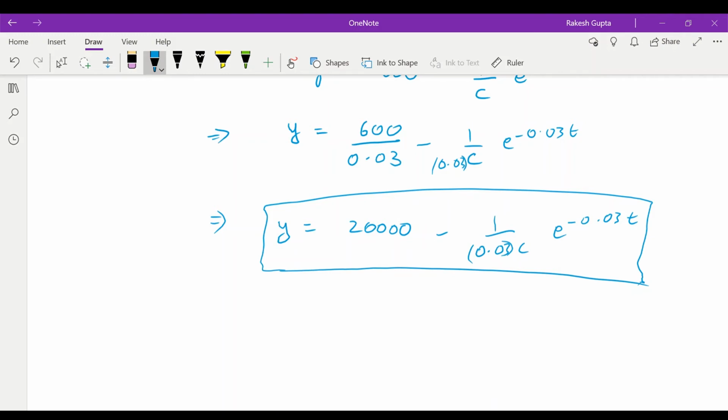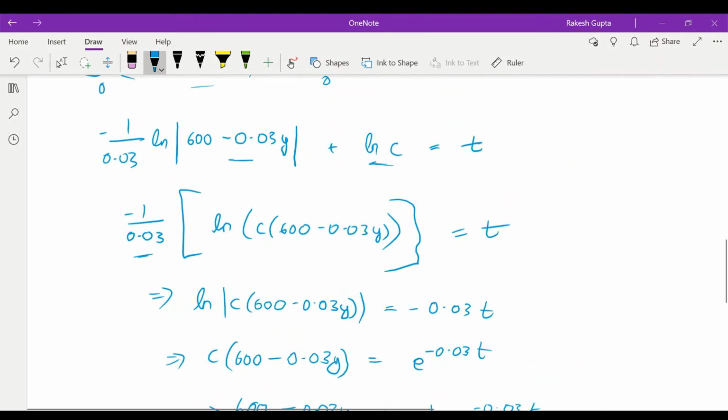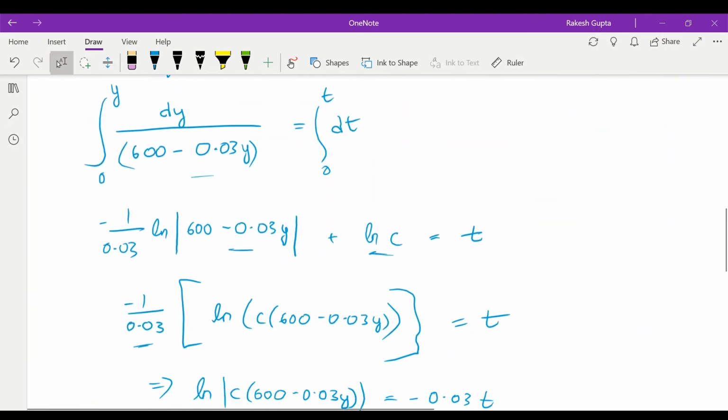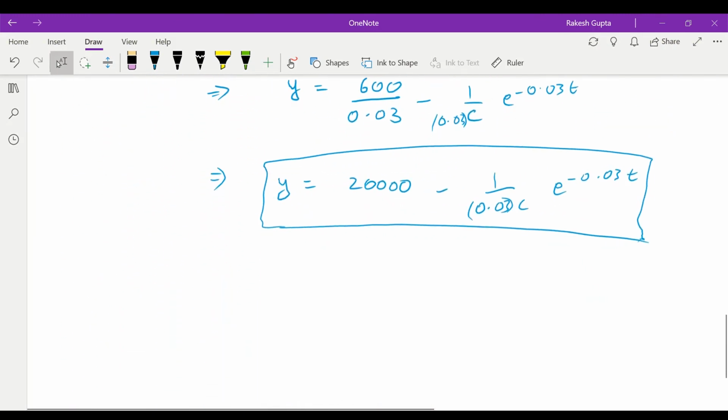It is given in the question that it is an initial value problem which says that y of 0 is 0. So we substitute t as 0 and we get y also as 0.